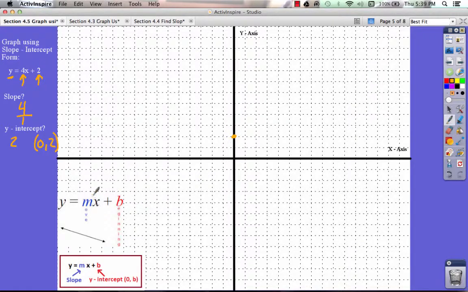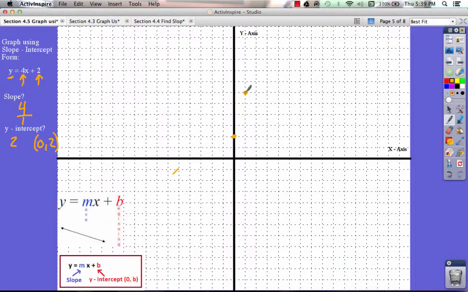So now it says move. Well, we started here at the beginning, so now we're going to move whatever the slope tells us. The slope tells us to rise 4, run 1. So we go to our beginning, rise 4, 1, 2, 3, 4, and run 1, and mark it.